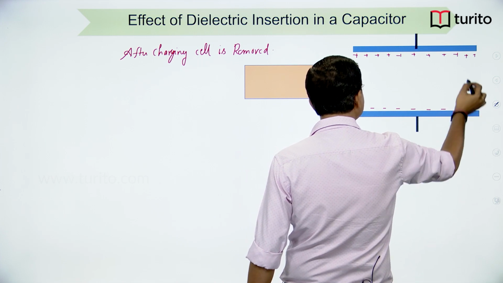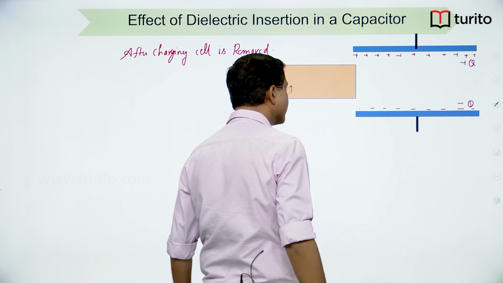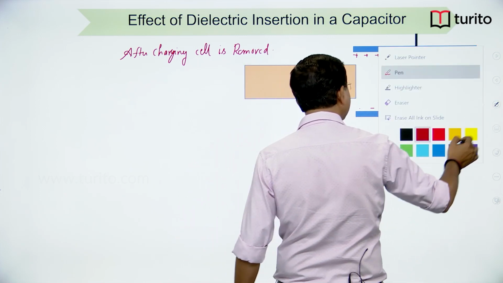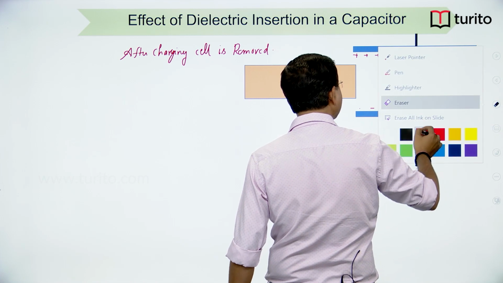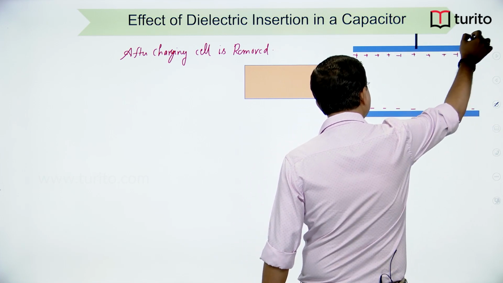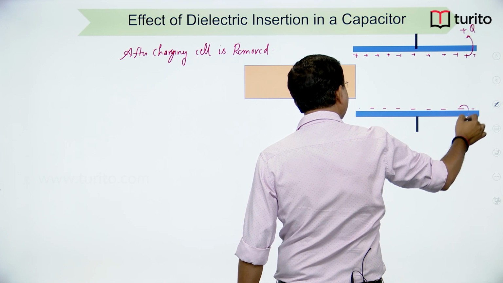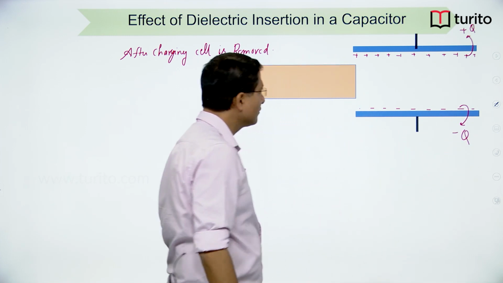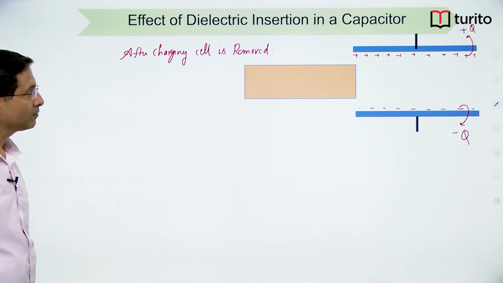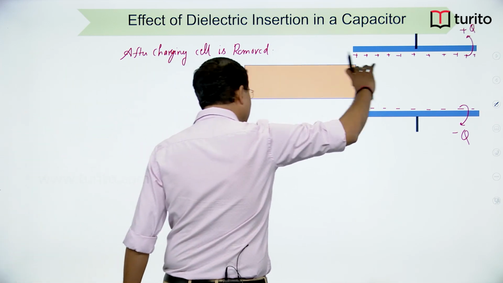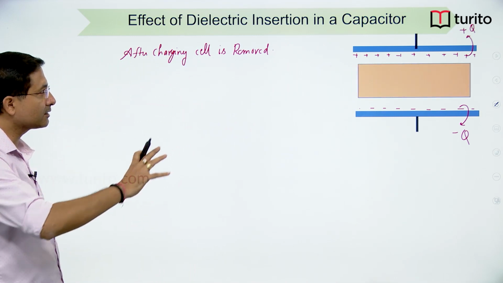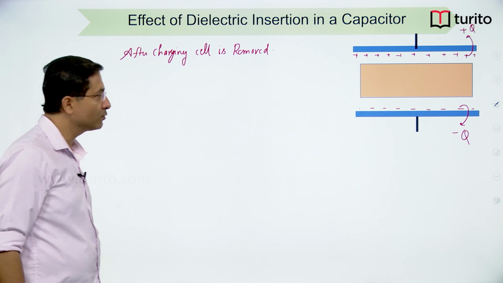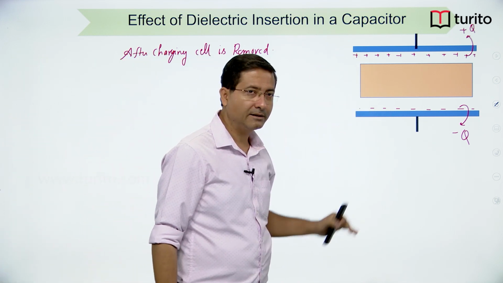This is minus Q and this one is plus Q. Now we are going to insert the dielectric. So the dielectric is inserted into the capacitor, right.